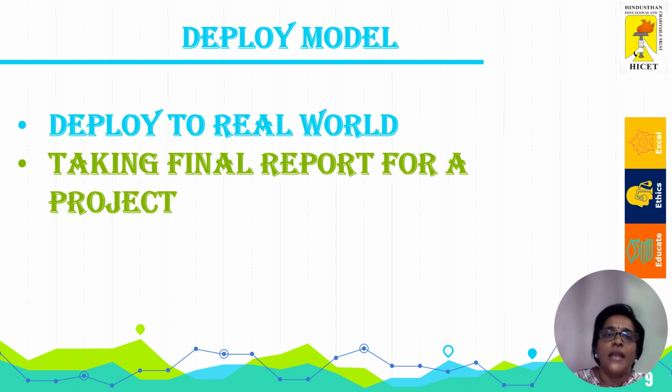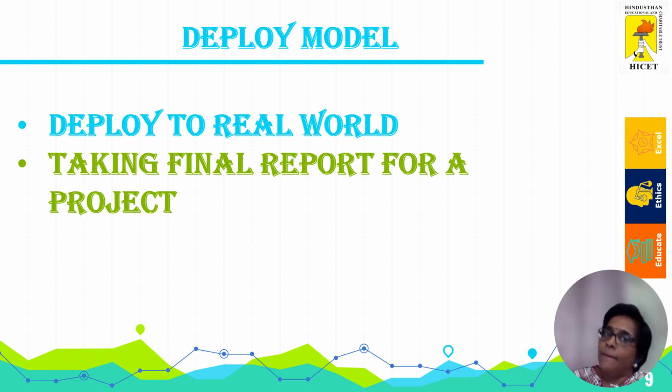And the last step of the machine learning lifecycle is deployment, where we deploy the model in the real world system. If the above prepared model is producing an accurate result as per our requirement with acceptable speed, then we deploy the model in the real system.